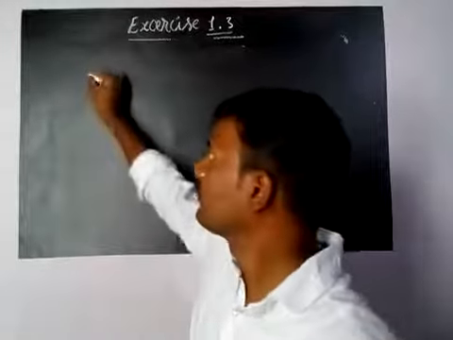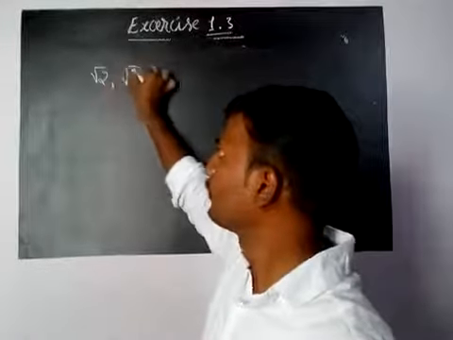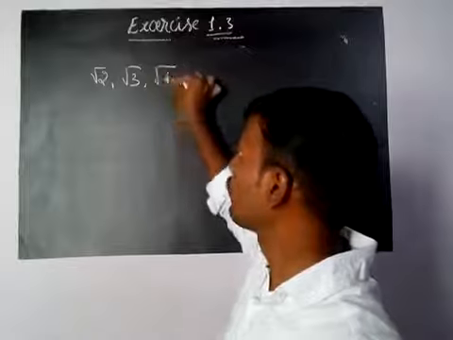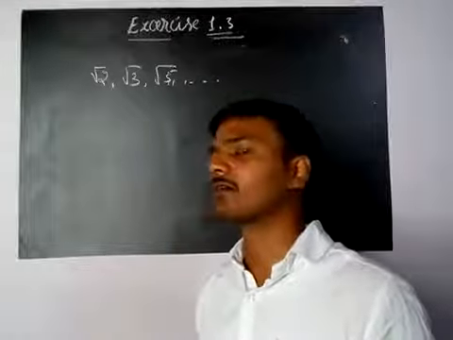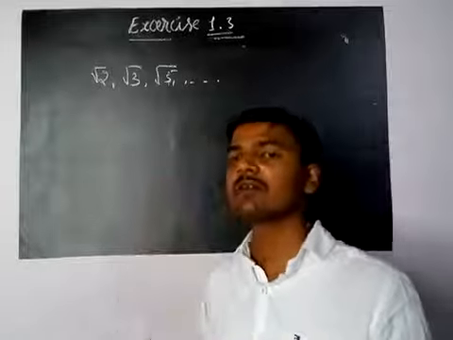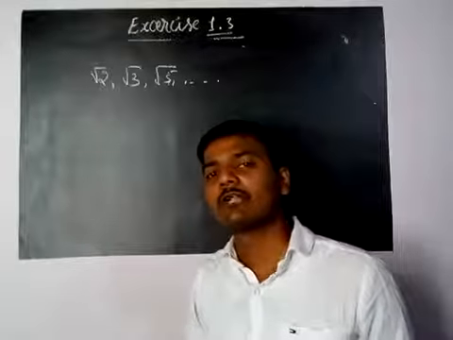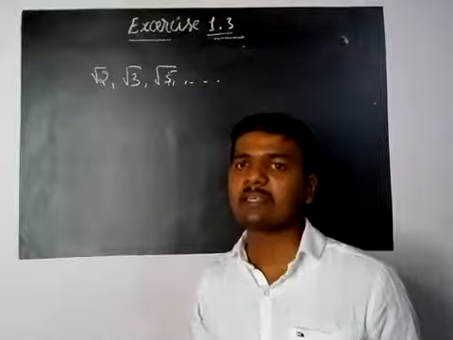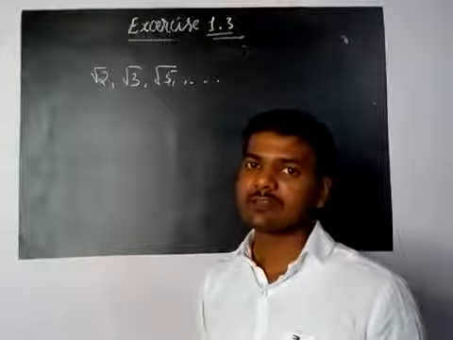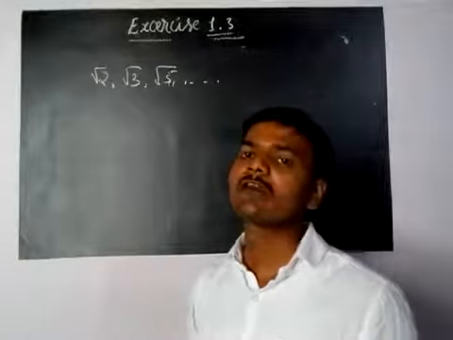You can write root 2, root 3, root 5 and so on. These are irrational numbers which have non-terminating, non-recurring decimal expansions. But here they ask to write the decimal expansions themselves.